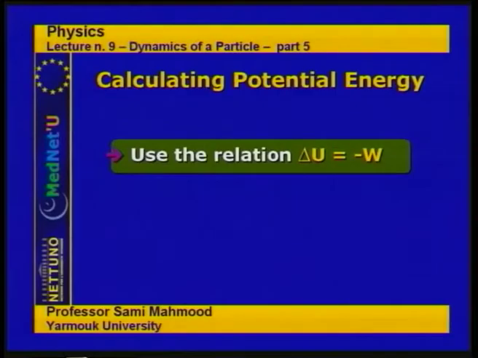So calculating the work done by a conservative force would give directly the potential energy, with the relation between the two given by: the change in the potential energy of the system is simply equal to the negative of the work done by the conservative force of interaction between the different parts of the system.